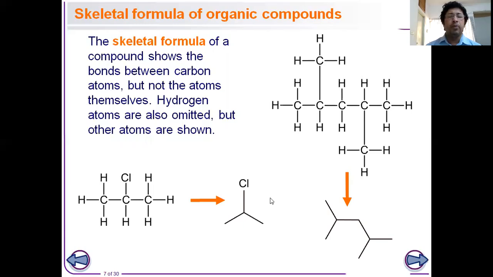Let's see this example at first. 2-chloropropane. So first of all, we have to give a point. If we want to start a line, we have to give a point. That means a carbon atom is present with that point. Then we have to stretch the line up to another point.